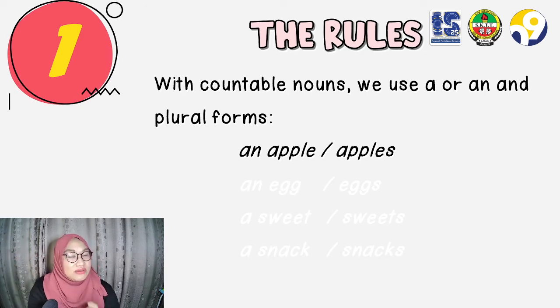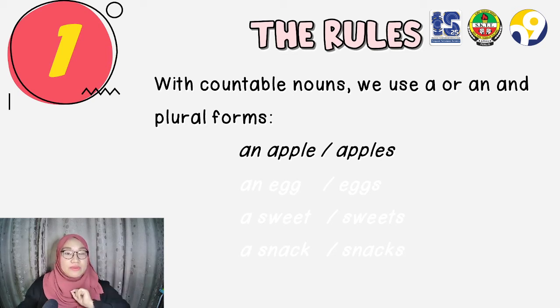So, dengan countable noun, noun yang boleh dikira, kamu akan guna a atau an di depan, dan bila noun tu kamu ada banyak atau lebih dari satu, kamu akan letak s plural di belakang perkataan tersebut.